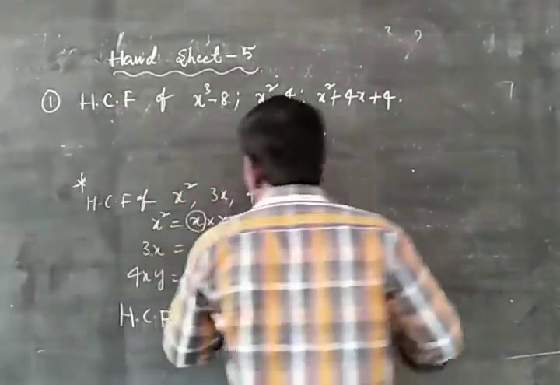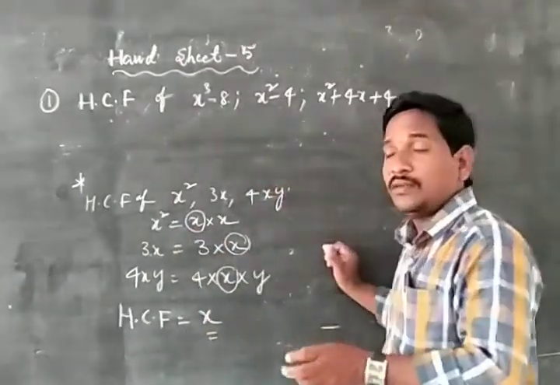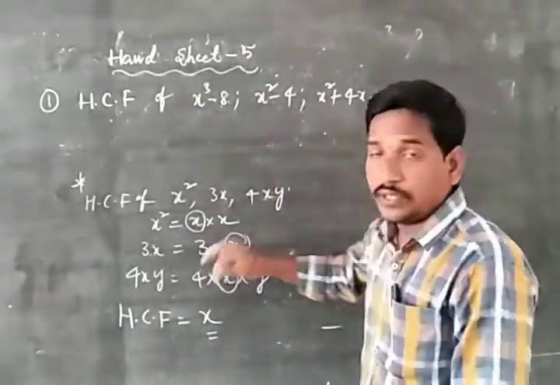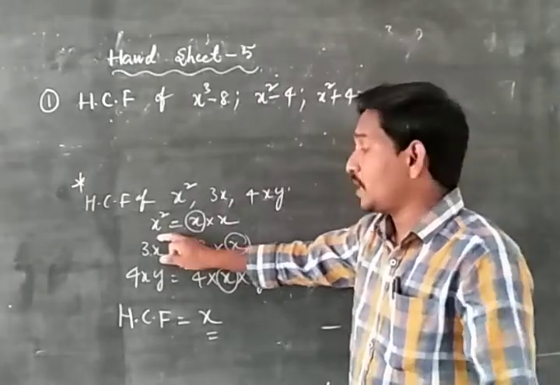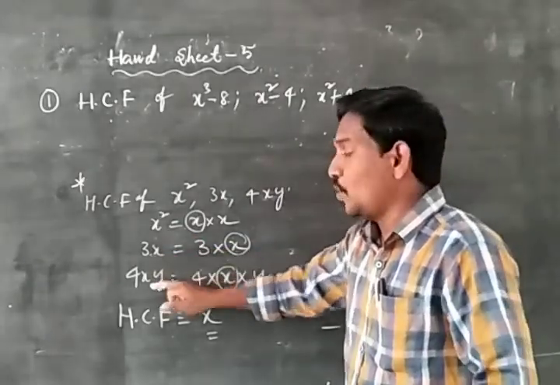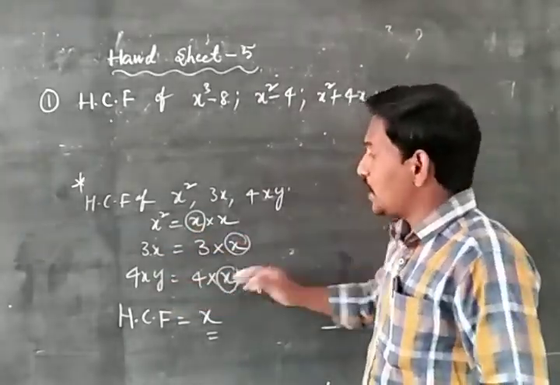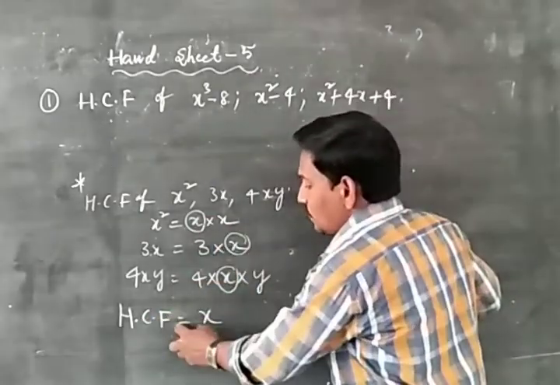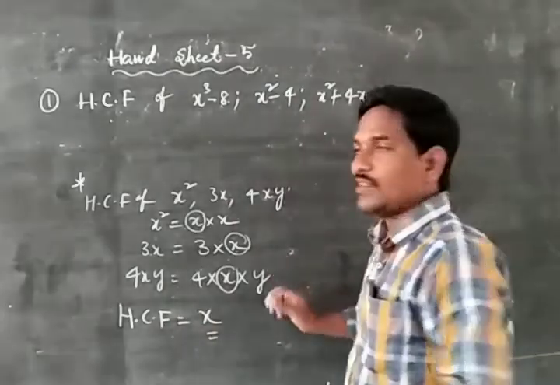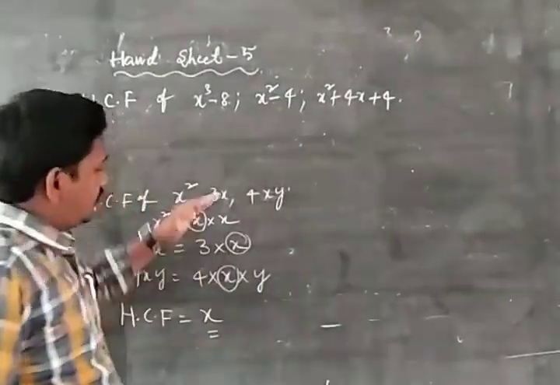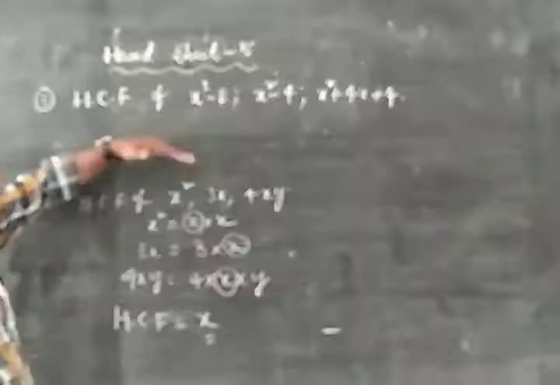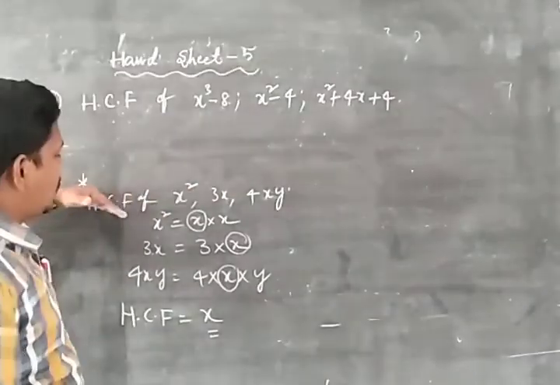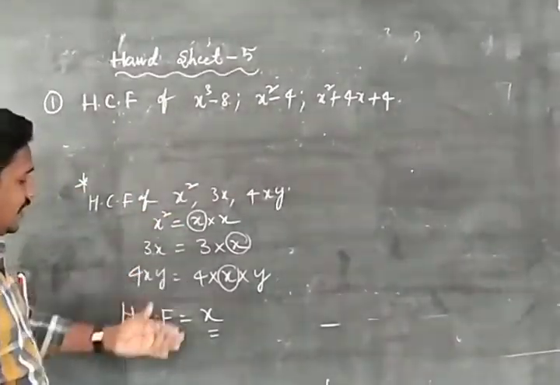So we have to take the common part in all the expressions, all the terms. X square is one of the terms, 3x is one of the terms, 4xy is another term. So in 3 terms, x is the common part. So HCF is x. We already discussed in lower classes, we have to calculate HCF like this.